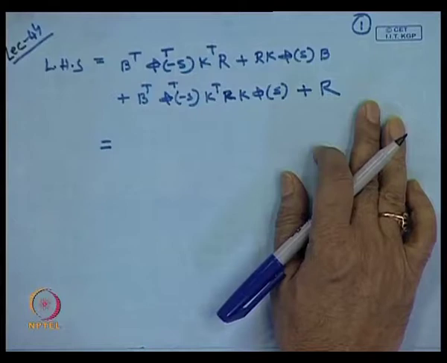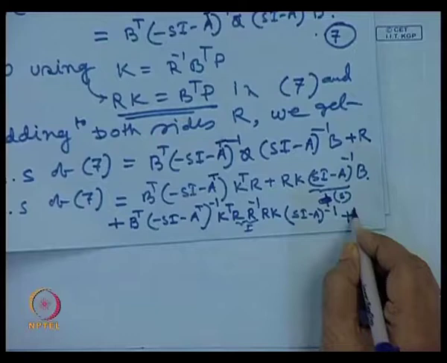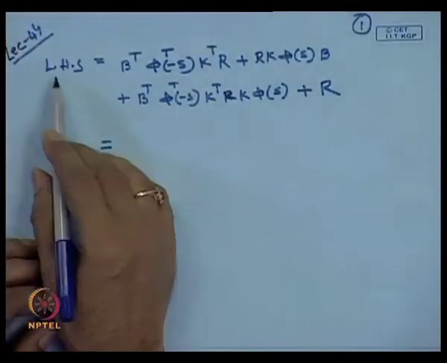The left hand side is this one and the right hand side is this plus R. So, this is our basic equation.